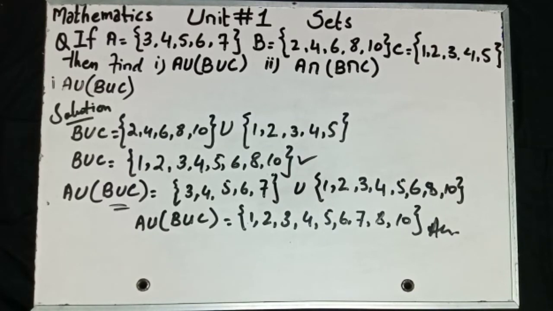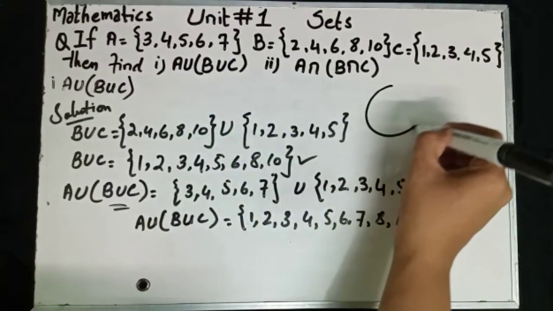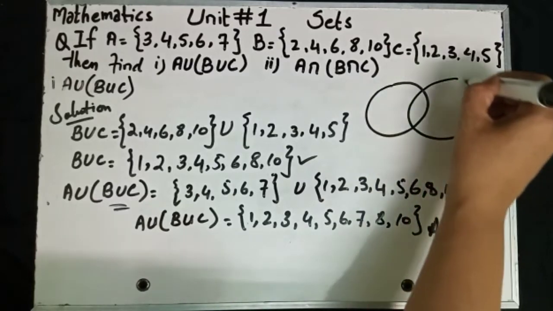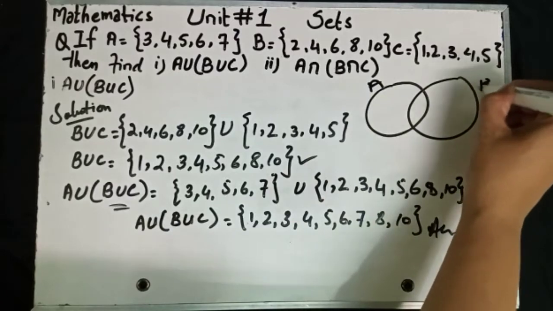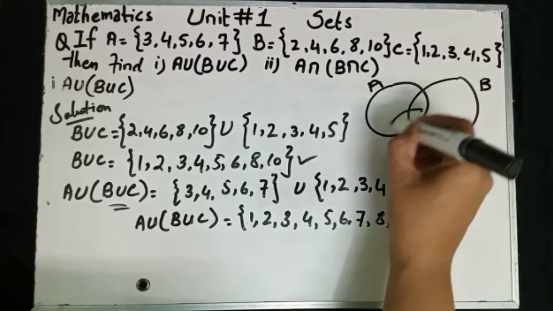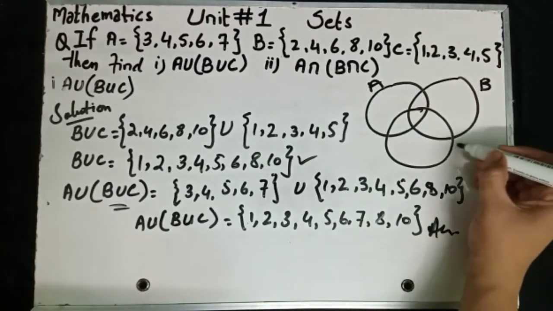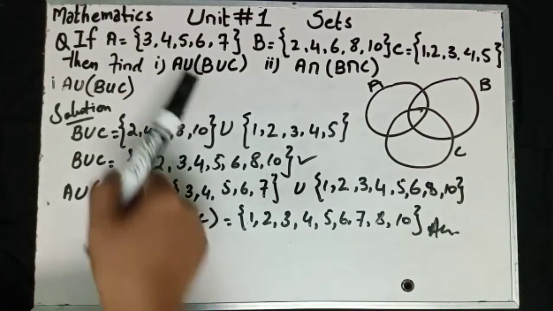Now we draw the Venn diagram. Three sets are given, so first we draw three circles. The first circle represents set A, the second circle represents set B, the third circle represents set C. Now first check the common element between them.